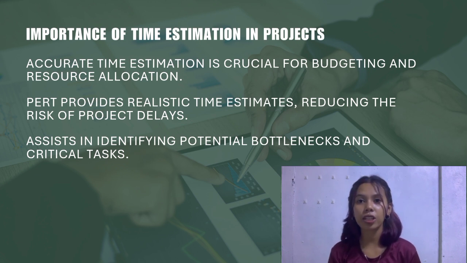And the importance of time estimation in projects: accurate time estimation is essential for effectively budgeting and resource allocation. So techniques such as PERT, or Program Evaluation and Review Technique, offer a realistic and data-driven time forecast, helping to minimize the risk of project delays.